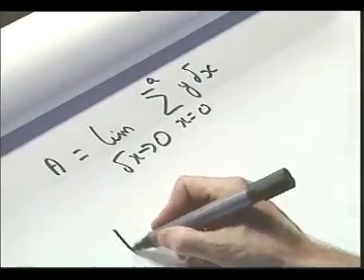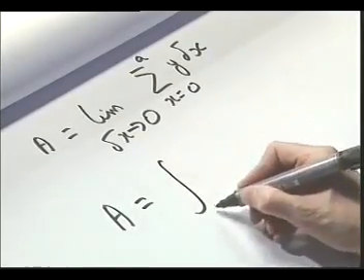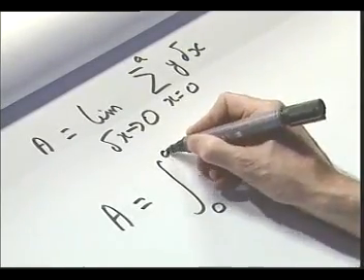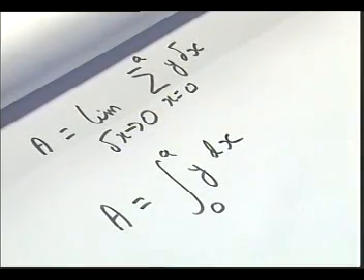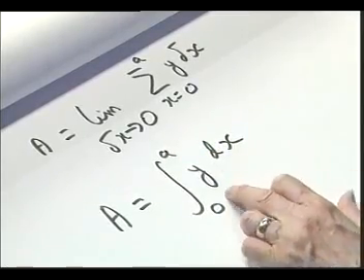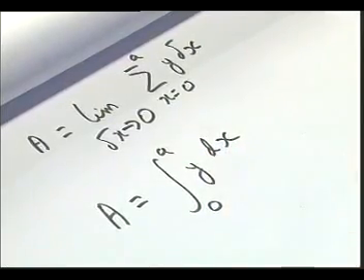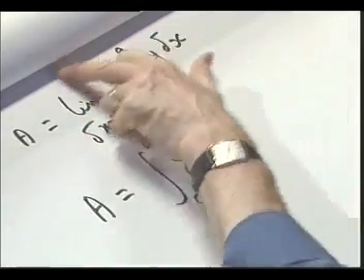And so, in fact, we choose to write this as A equals the integral from 0 to a of y dx. A is the integral from 0 to a of y with respect to x. And it's this notation which replaces that one.